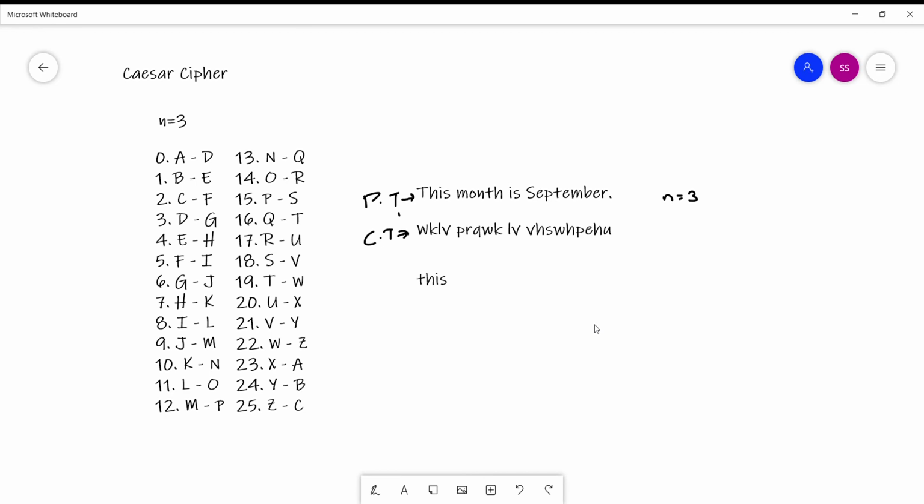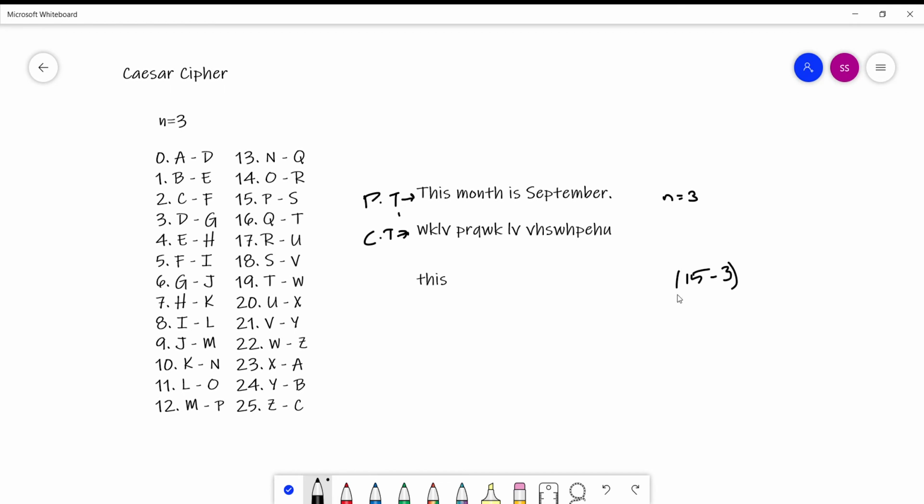So let's say we have P here, right? For P the numeric value is 15, right? So I will take 15 and I will subtract 3 from it.